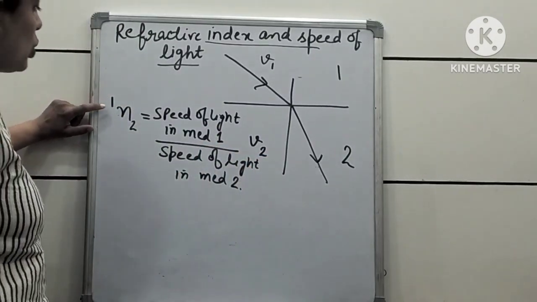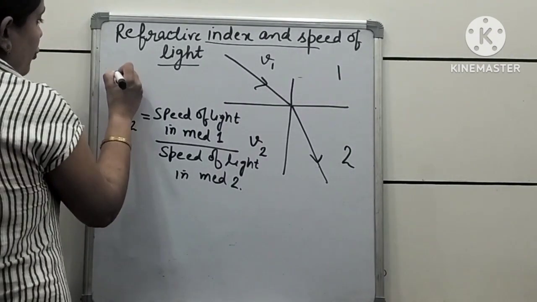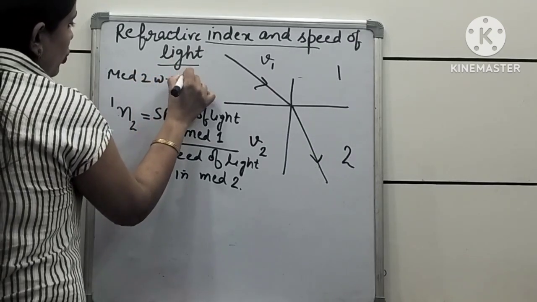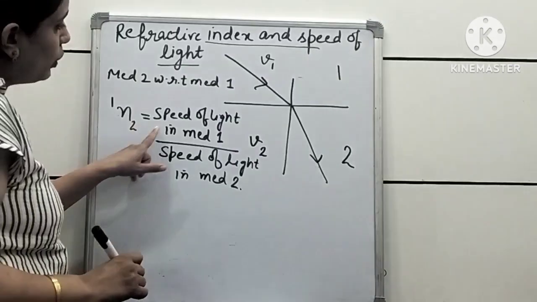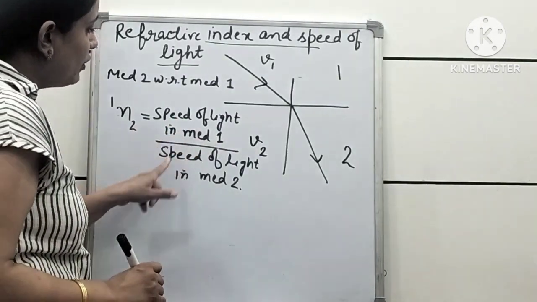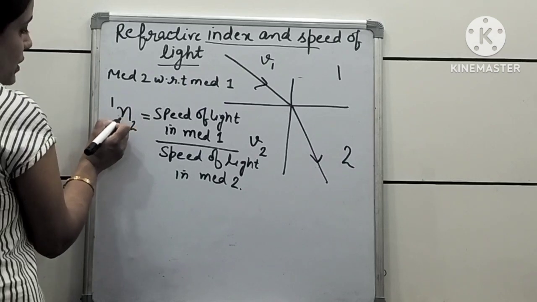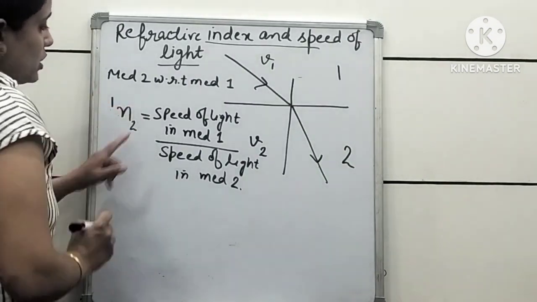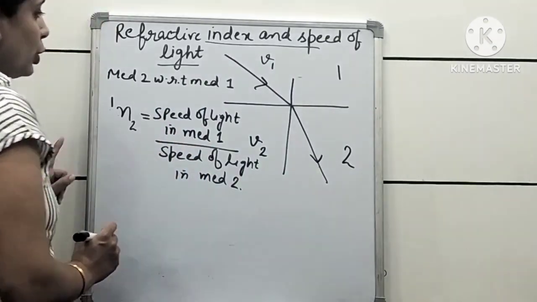When a light ray goes from medium 1 to 2, the refractive index of medium 2 with respect to medium 1 is equal to the speed of light in medium 1 divided by the speed of light in medium 2.